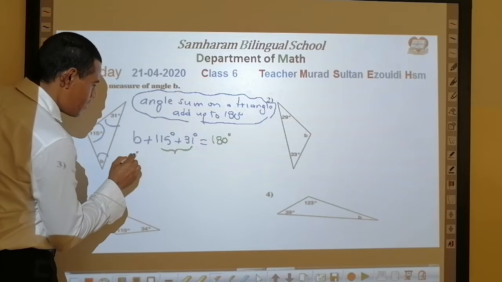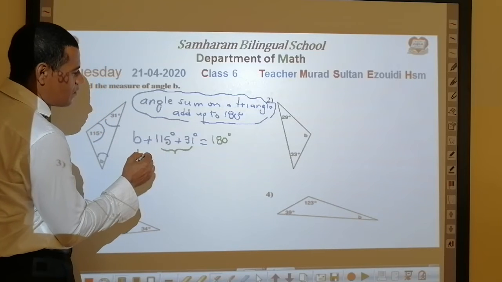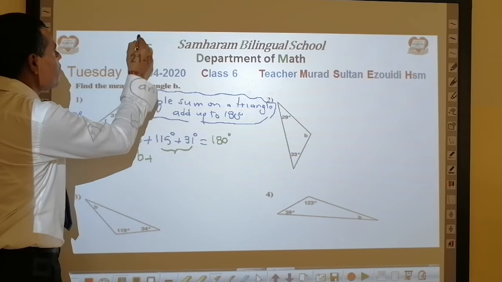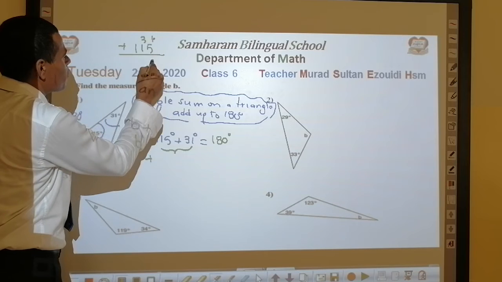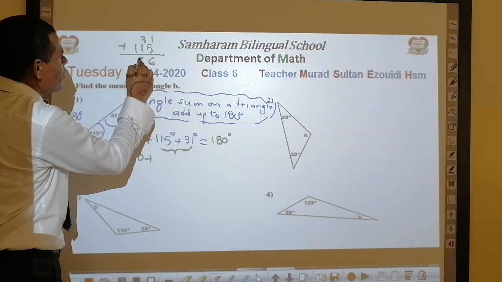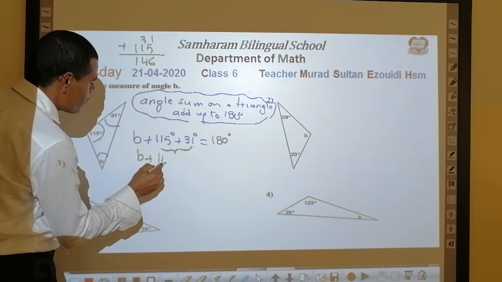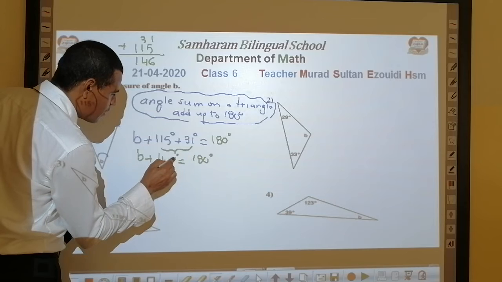I will write B plus 115 plus 31. Look, 5 plus 1 is 6. 3 plus 1 is 4. 1 plus nothing is 1. So 146. Equal what? Equal 180 degrees.